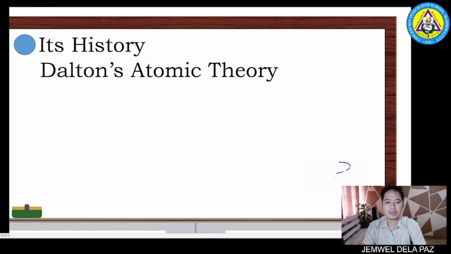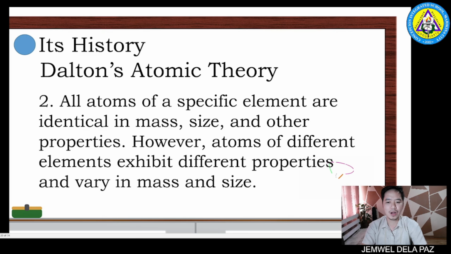Followed by, he postulated that all atoms of a specific element are identical in mass, in size, and other properties. However, atoms of different elements exhibit different properties and vary in mass and size.